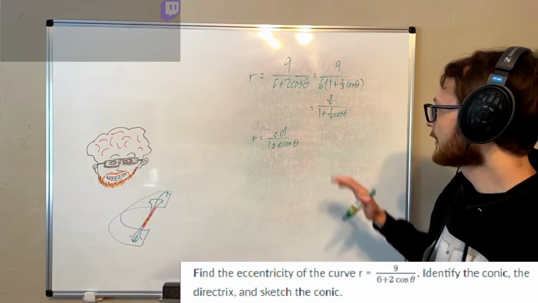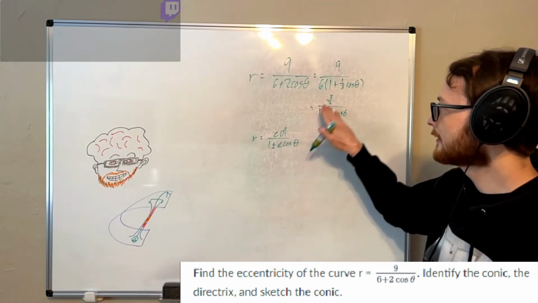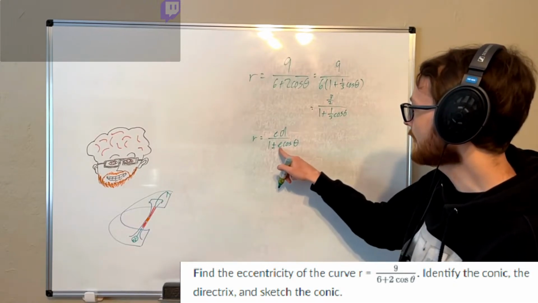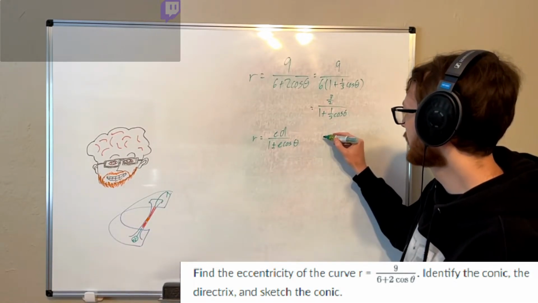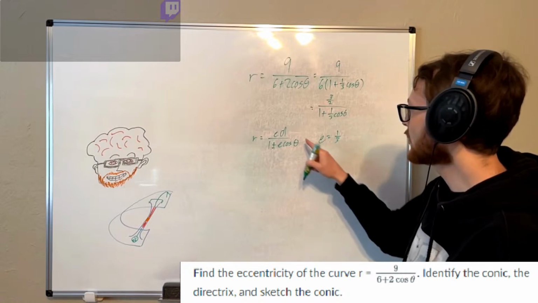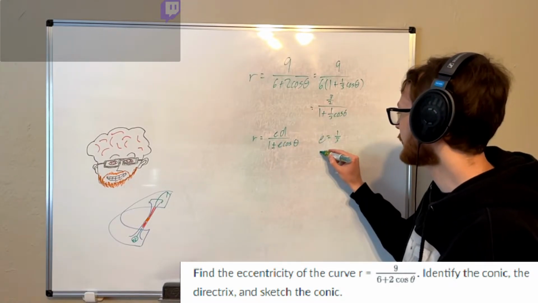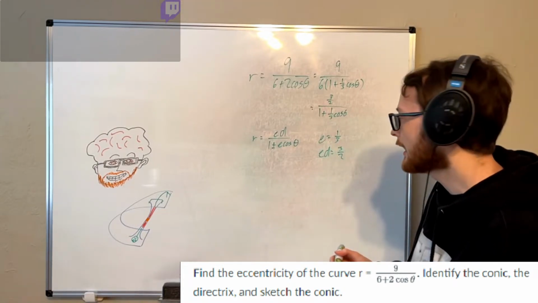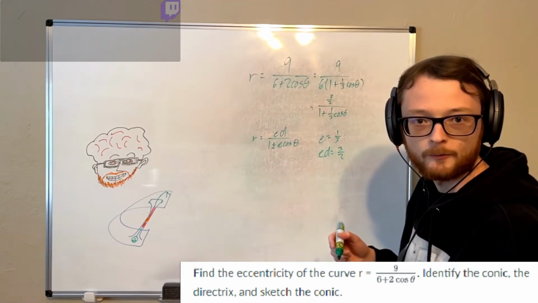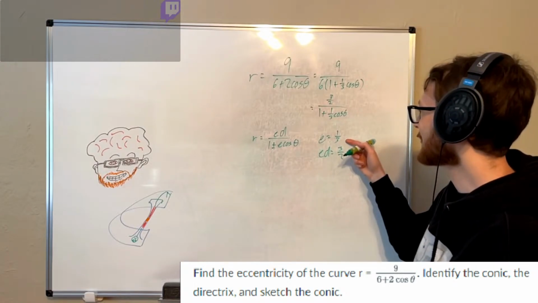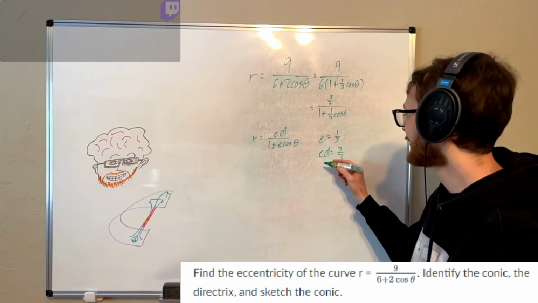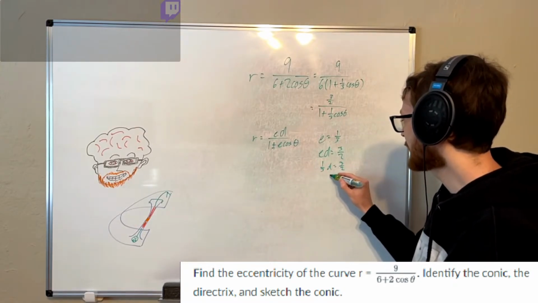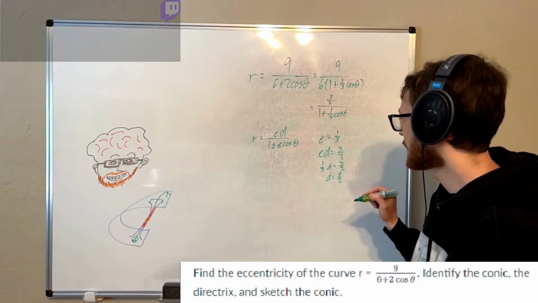Once we have it in this format, we can correlate these formulas with each other directly. So we know this e alone is 1/3. And in the numerator, e times d is 3 over 2. So this is like a system of equations, except we're given one of the unknowns for free. If e is already 1/3, let's plug it in down here. So 1/3 d equals 3 over 2. Multiply each side by 3, and you get d equals 9 over 2.